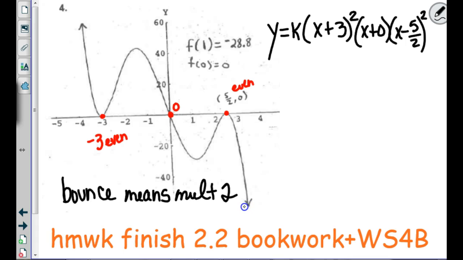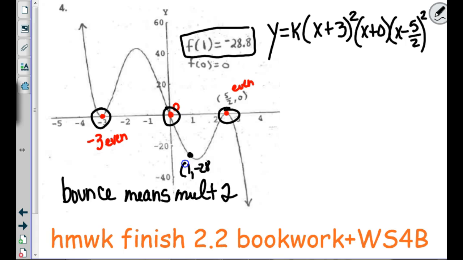The problem, guys, is none of these points here have a stretch because they're all on the x-axis. Anybody see where they give us another point to use? Yep. So at 1 over here, this graph is apparently at -28.8. So we're going to put that in.